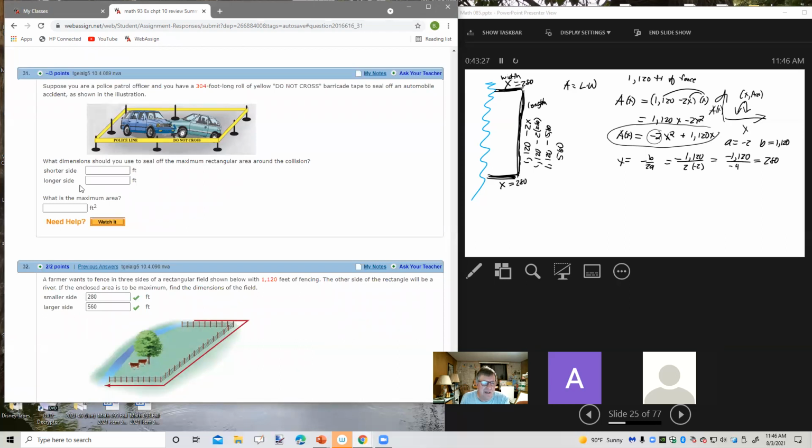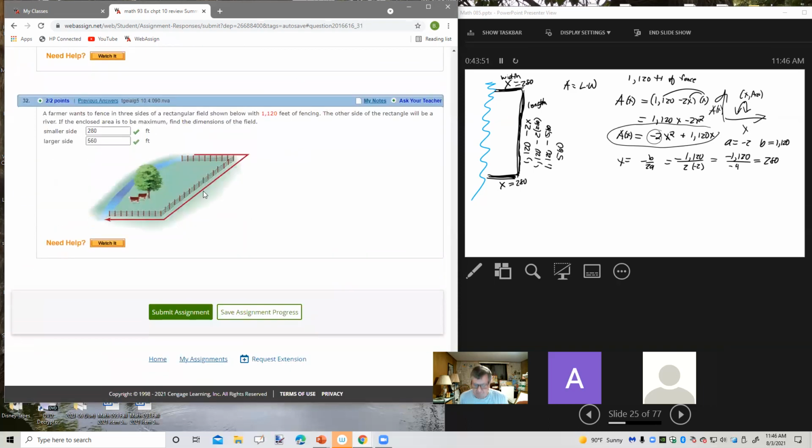It has a shorter side and a longer side, and a square would have two equal sides. Sometimes you get an answer where both sides are equal, and so you kind of have to ignore this thing here and just put the same number in for both, okay? So if you get two equal sides and it says shorter and longer, just put them both in the same, okay? All right. Anything else you want to look at before we go?